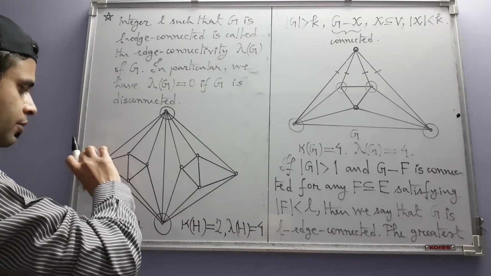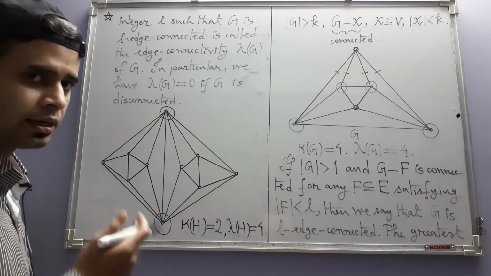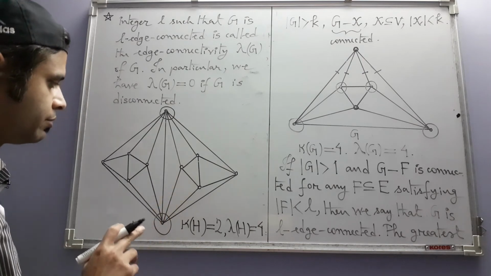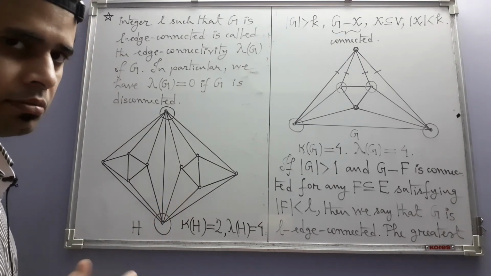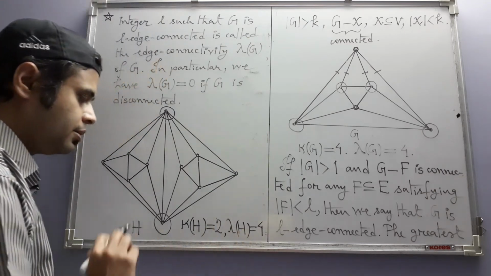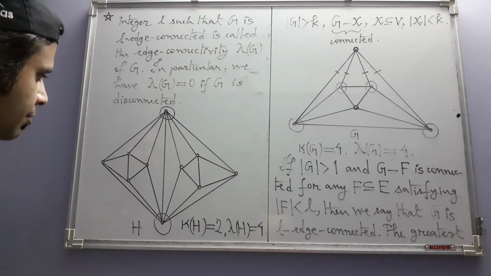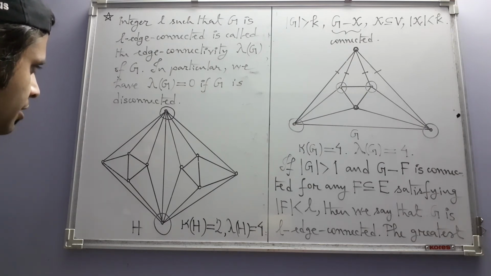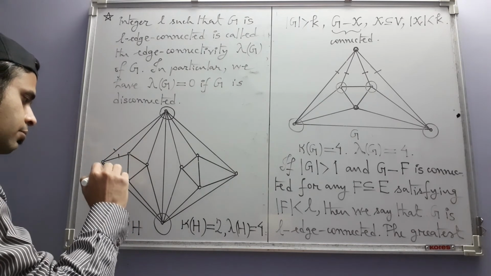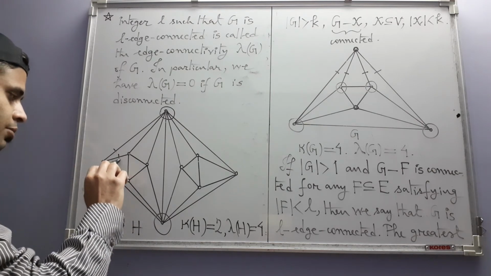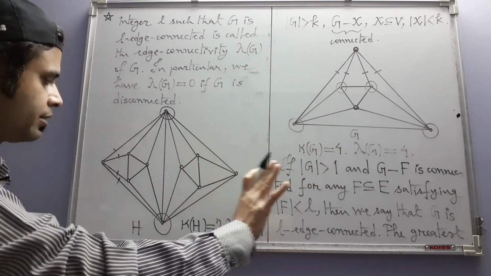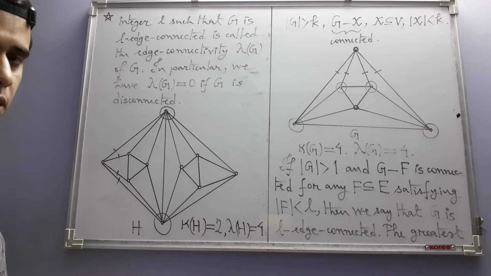If you remove them, this part and this part are separated. So connectivity is 2, and removal of just a single vertex does not disconnect the graph. However, edge connectivity still remains 4. You have to remove 4 edges to make the graph disconnected. But which 4 edges? These 4 edges. Removal of these edges will separate this vertex from the rest of the graph, increasing the number of components.